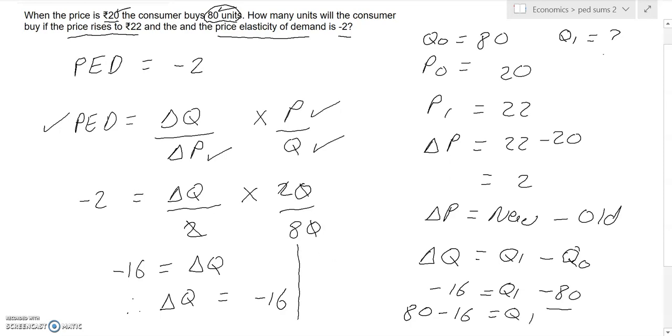And for want of space, I'm just going to use this blank space in the middle, and 80 minus 16 is going to give you 64. So 64 is equal to Q1. Therefore, Q1, or your new quantity, is 64, and that's your answer.